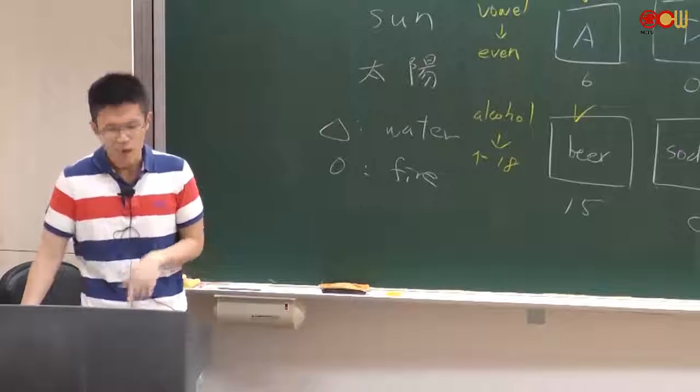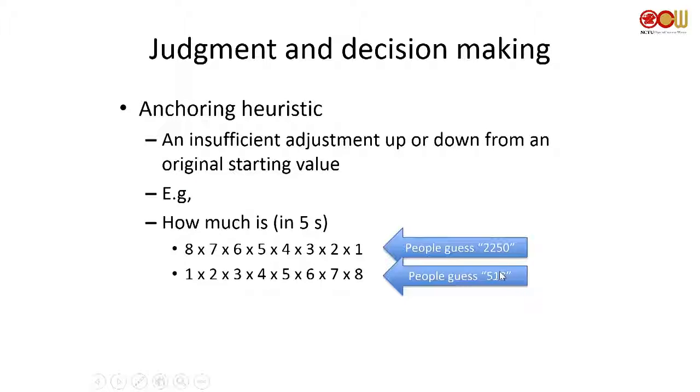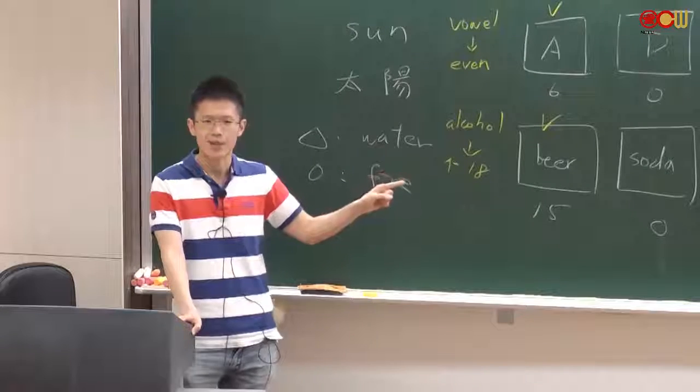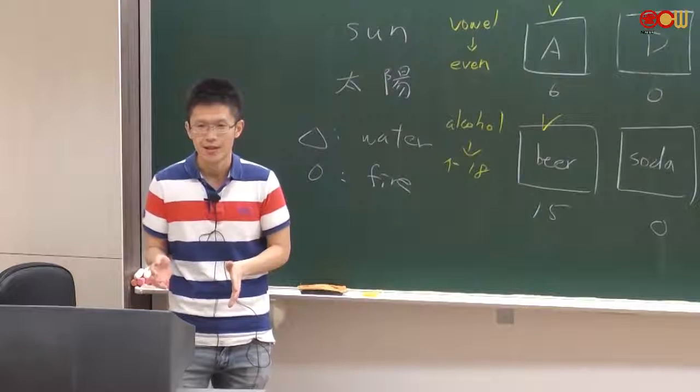If you look at their performance, the estimated value for the first group is much higher than the second group, which means that when they are estimating, they are not calculating, they are guessing. Actually, this kind of scenario is more like when you are trying to make a career decision.